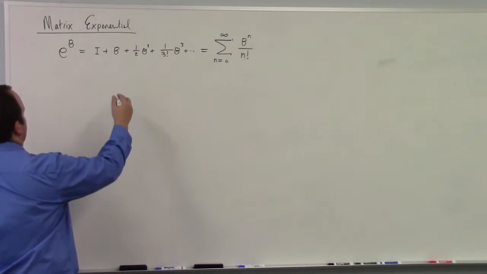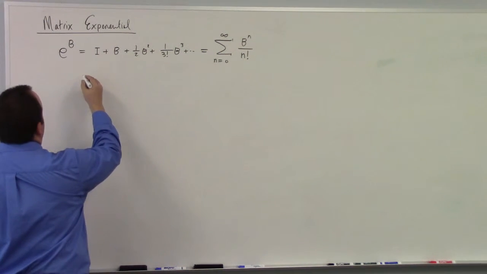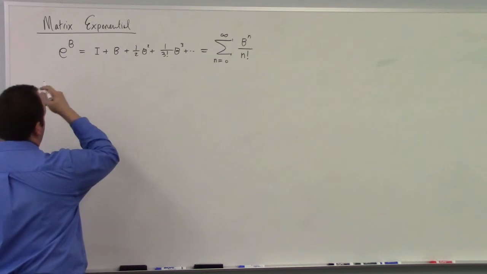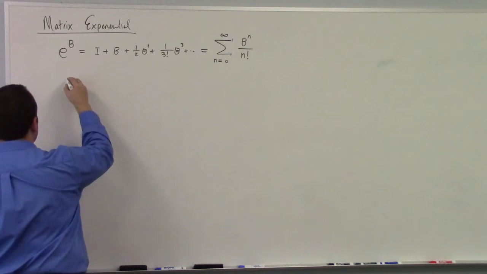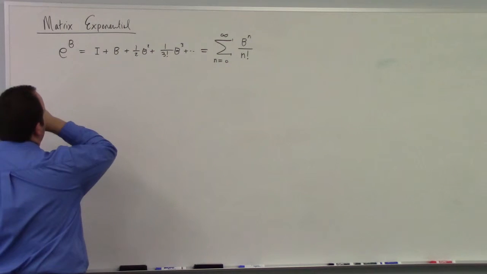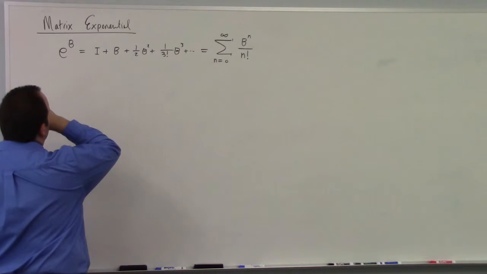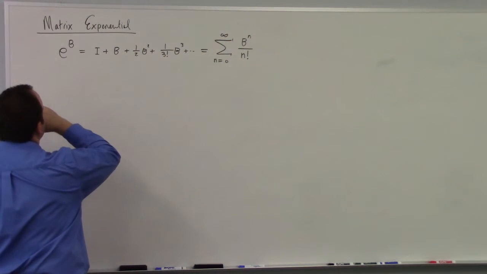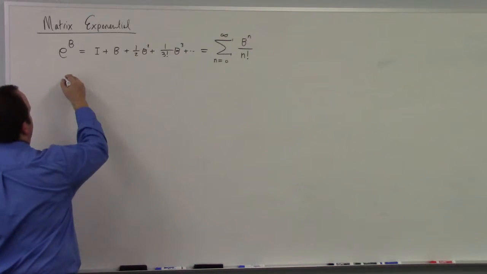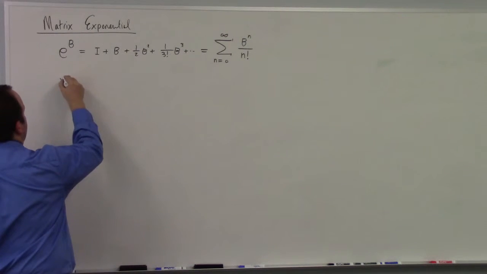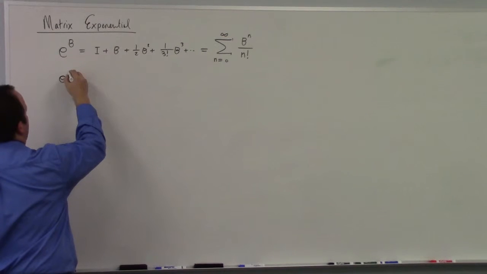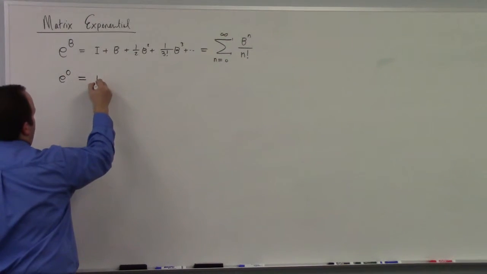There are also some really cool properties here. I guess the next very low-hanging fruit you might notice is that e to the 0 is just I, right?